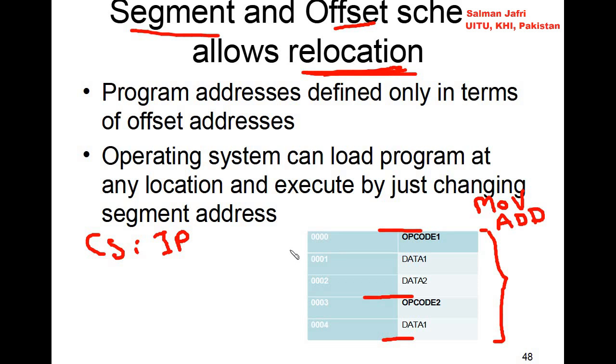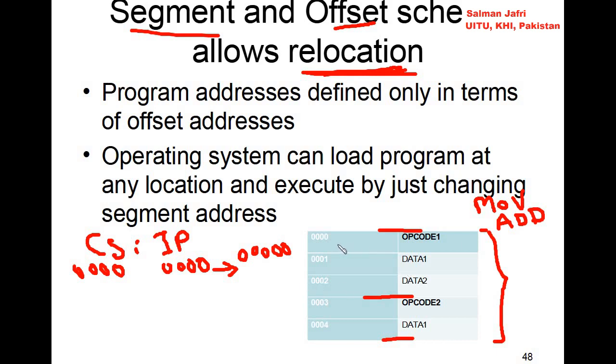Let's say in the first case my segment address is 0000, and we know that the offset address is 0000. So what would be the physical address? Quickly, CS times 10H, which is 0000 times 10H, plus 0000H. So we would have the physical address 00000 hex.